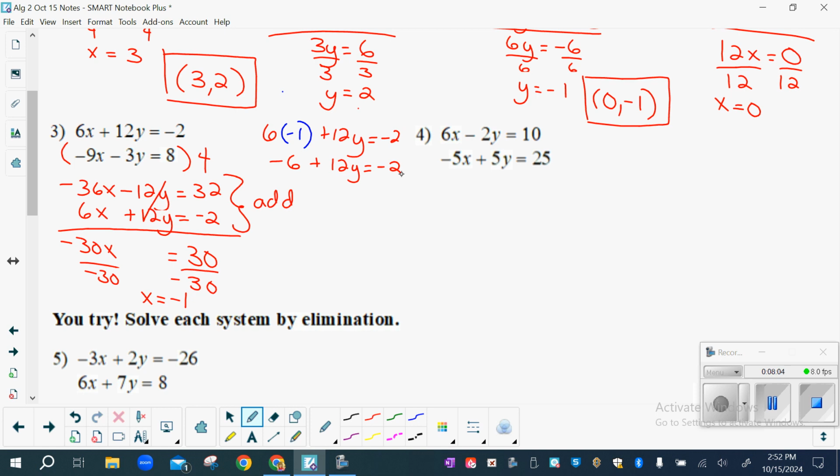What do I do next to solve for y? Add 6. And I get 12y equals 4. Divide by 12, and I get a fraction. y is equal to 1/3. So (-1, 1/3) is my solution.